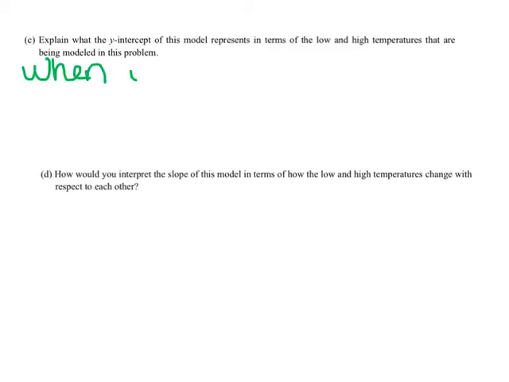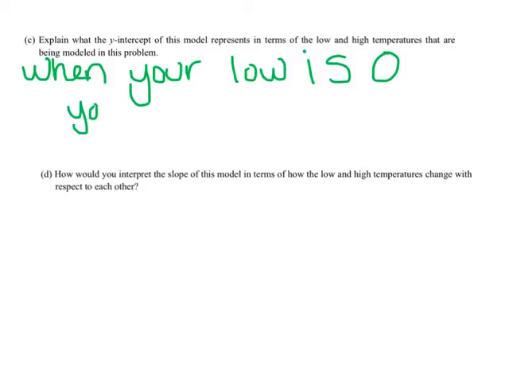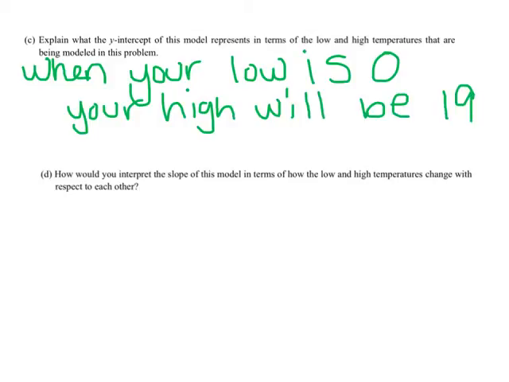When your low is 0, because that's your x, don't forget, your high will be 19, because that's my y. That's my y-intercept. So if I was looking at my table, my 0 would be my low, my 19 would be my high.